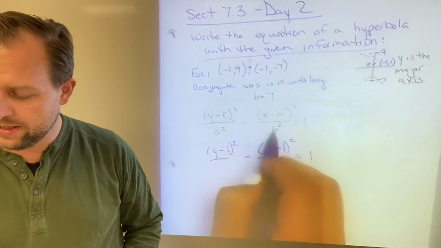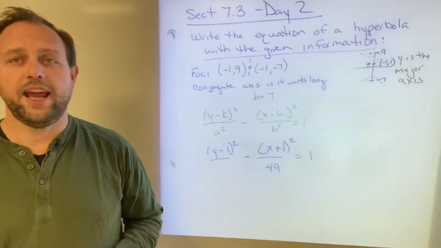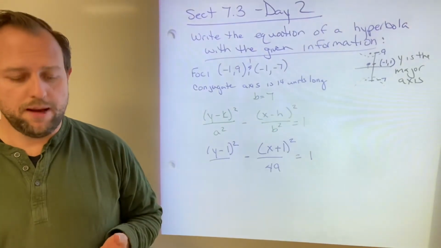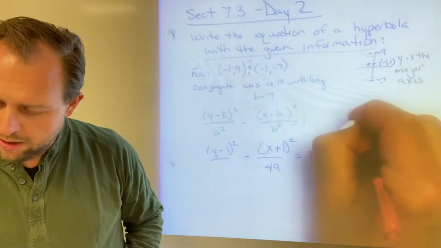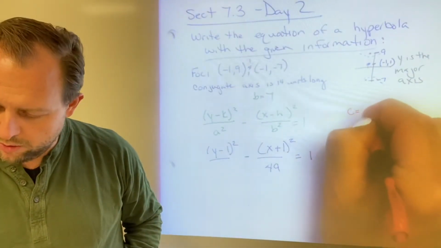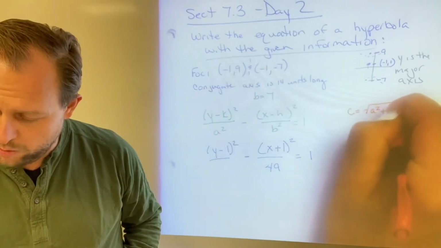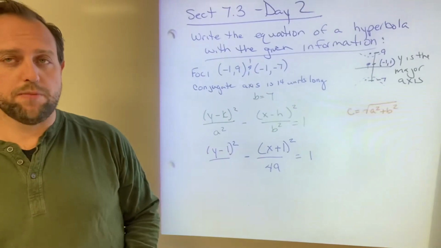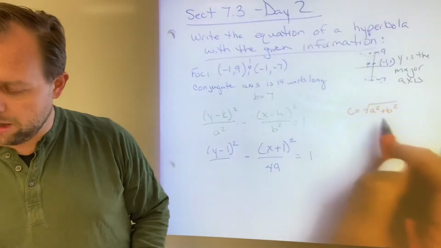Well, b was 7, so b squared is 49. I need a squared. How do I find a squared? Well, I remember the fact that c was equal to the square root of a squared plus b squared. Remember, it's added because we're talking about hyperbolas. In ellipses, it was subtracted, but this is a hyperbola.